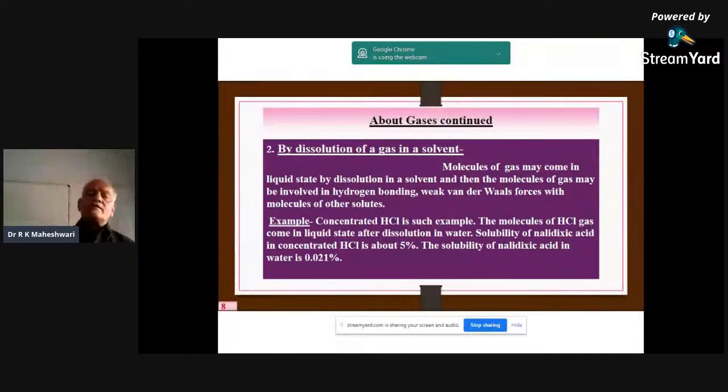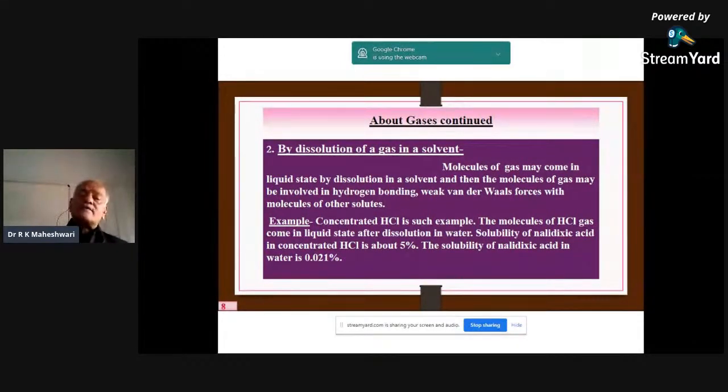Now I am explaining this point. In the first point we have seen that if you liquefy a gas, the molecules come in liquid state. Another method by which the molecules of gas may come in liquid state is by dissolution of gas in a solvent. So what is the example here? HCl gas. When HCl gas is dissolved in water to make concentrated HCl, the molecules of HCl come in liquid state.